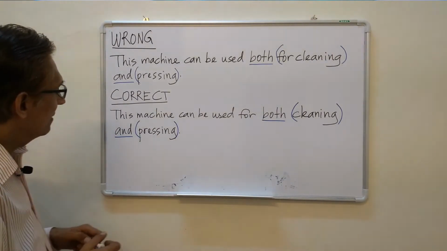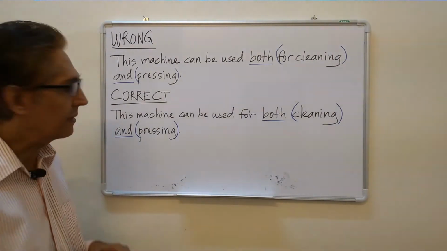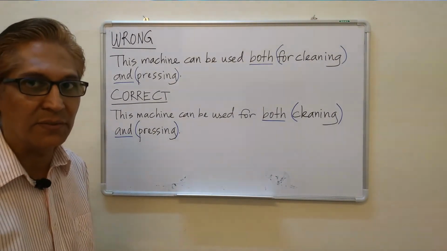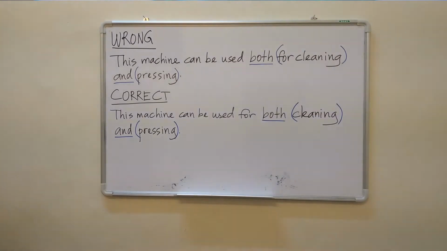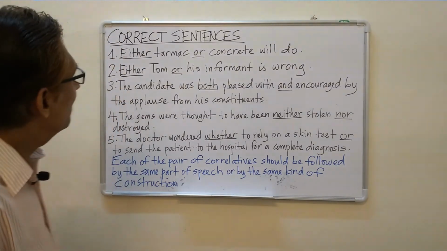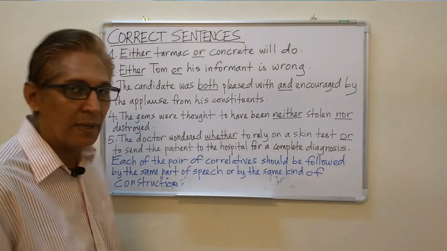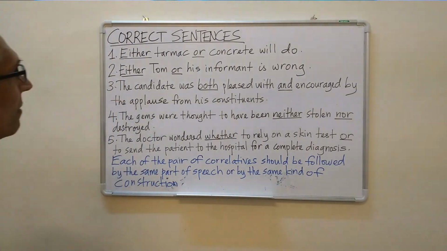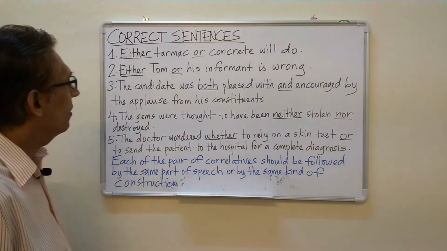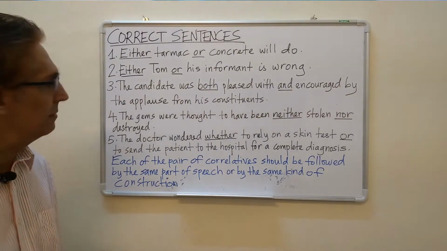Now let's take a few more examples, correct examples, to know more about the use of correlative conjunctions. Please look at the correct examples here. Number 1, either tarmac or concrete will do. Number 2, either Tom or his informant is wrong.